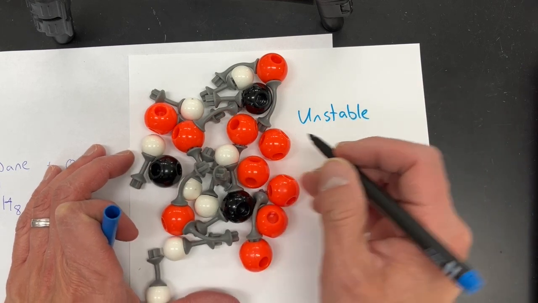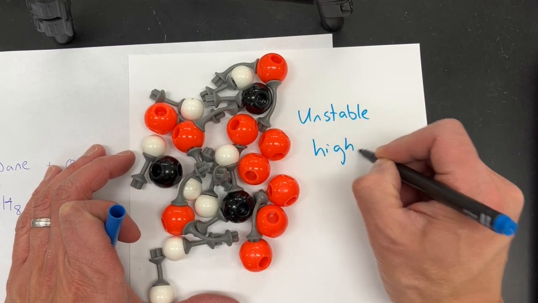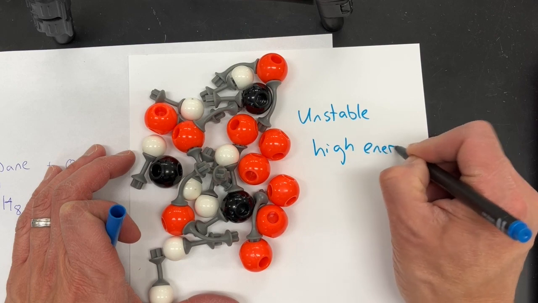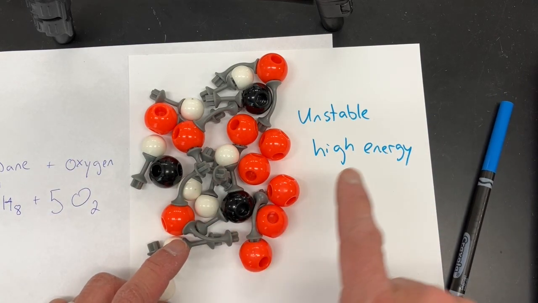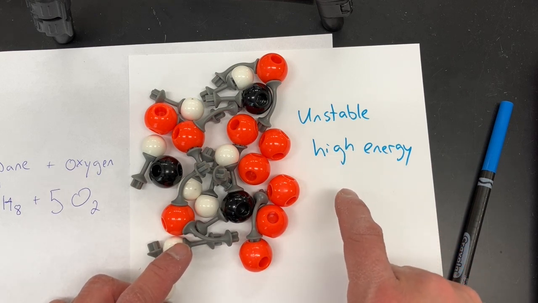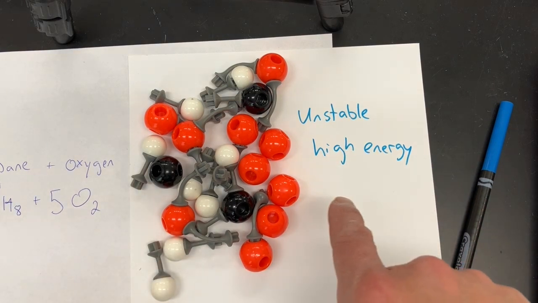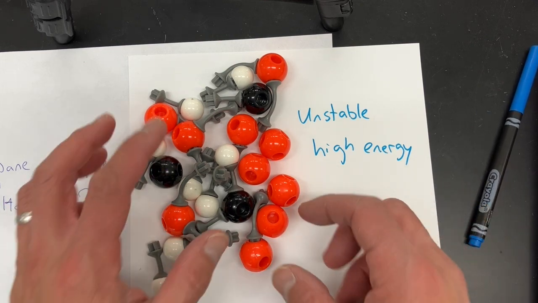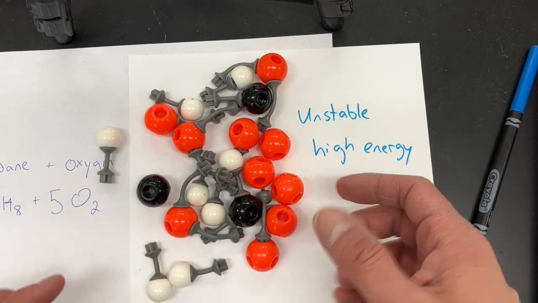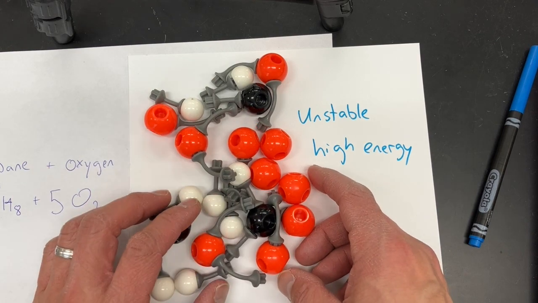It is also very high energy. Atoms do not want to be apart. They do not want to be high energy. They want to be stable and low energy. And the way they do that is by coming back together and forming new things.